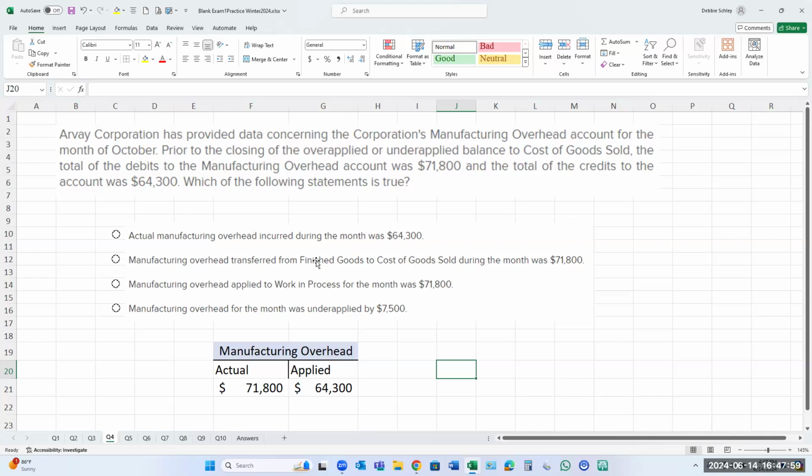Manufacturing overhead transferred from finished goods to cost of goods sold, which is applied, was $71,800. So applied, no. Manufacturing overhead applied to work in process for the month was $71,800. Again, no.